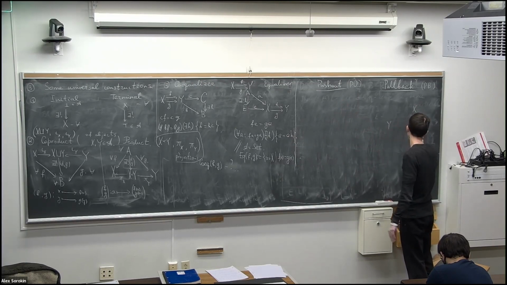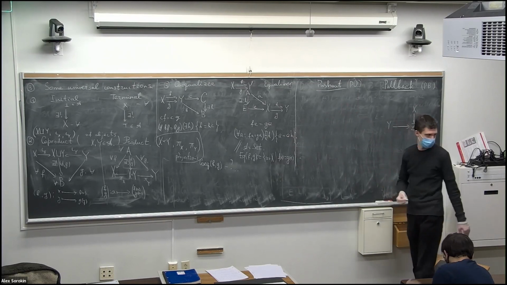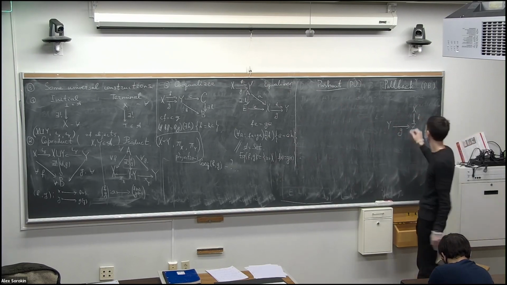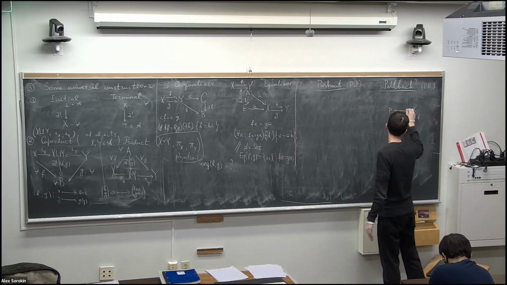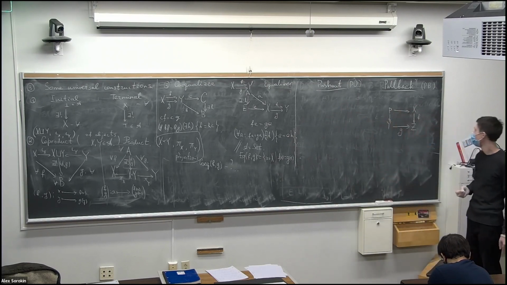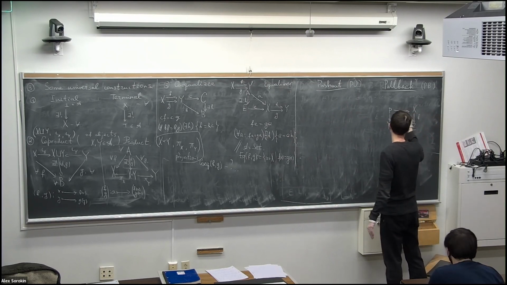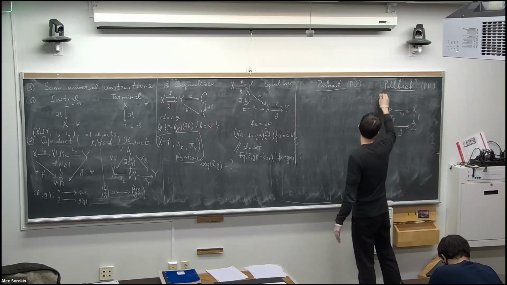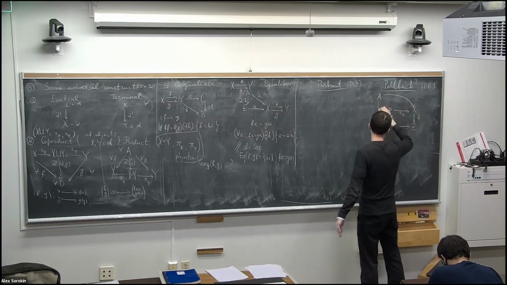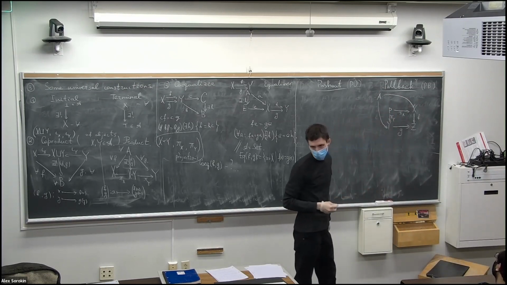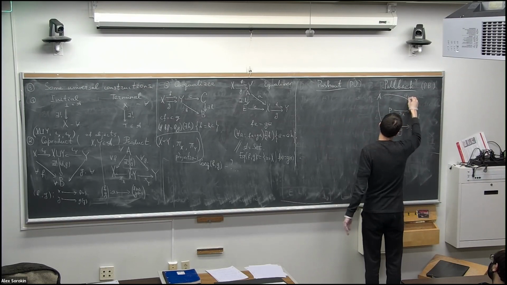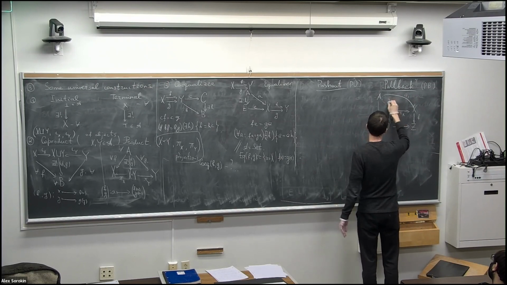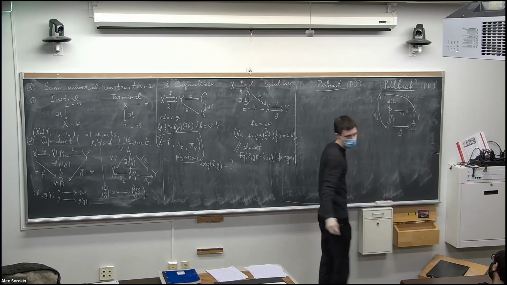Y, you have arrows F and G, and you are taking an object P with a pair of arrows, let's call them X, Y, such that for any A that makes the outer diagram commute, here will be A1, here will be A2, and there is an H making both triangles commute.